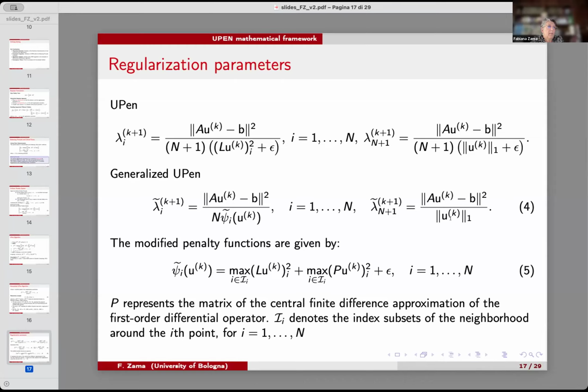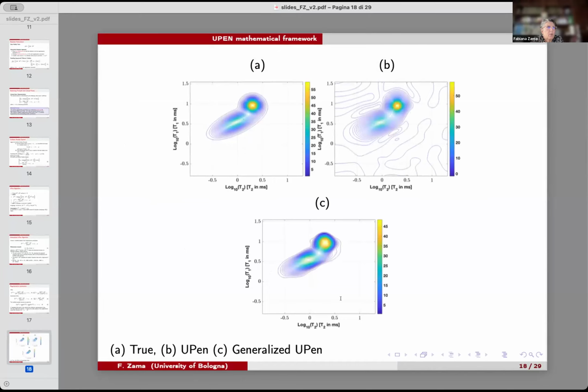This is perhaps the same test problem that Villiam has shown you, just to show you that this B is the UPenn. You see that it is not very good, as there are extra components in the region, while the second one, the modified, allows us to keep a shape which is closer to the original one.